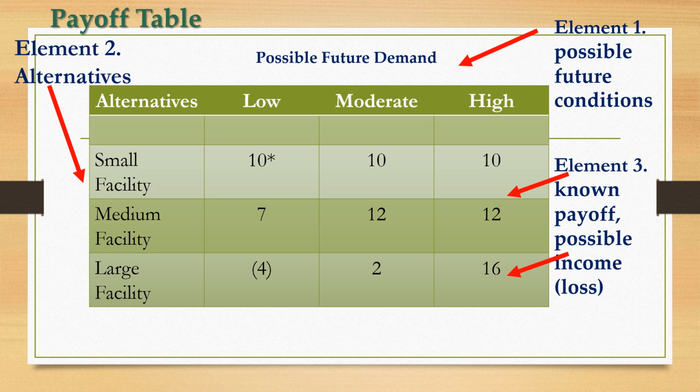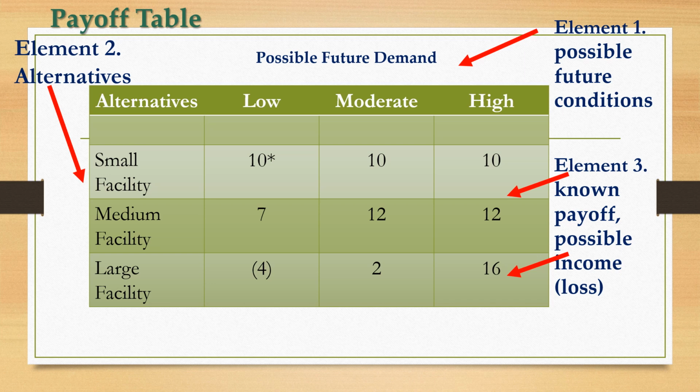So there will be a possibility that the demand for your product will be low or it will be moderate or it will be high. So those are the possible things that may happen to your sale or demand. And then the second elements are the different alternatives.